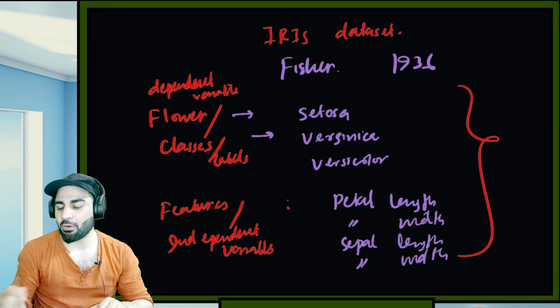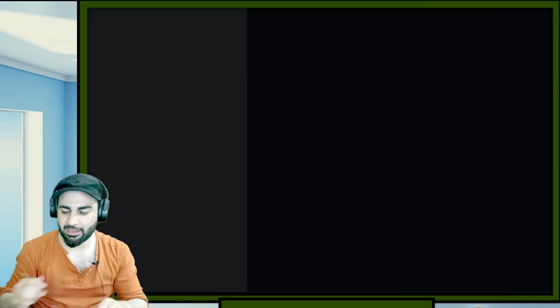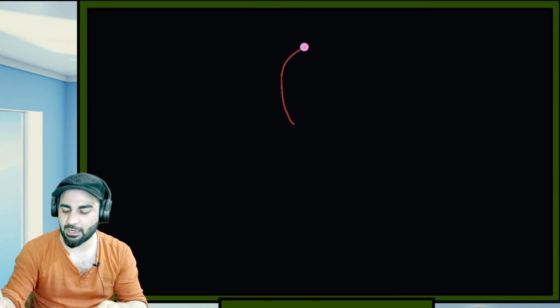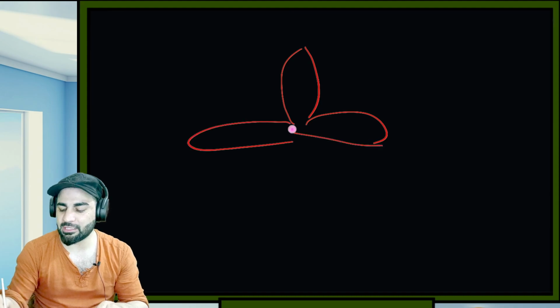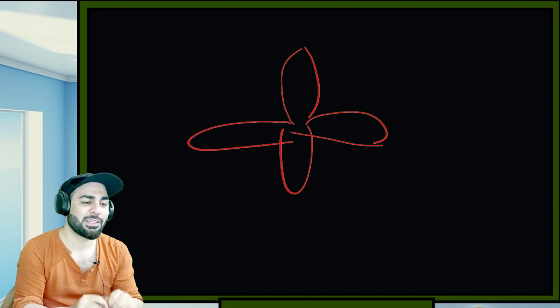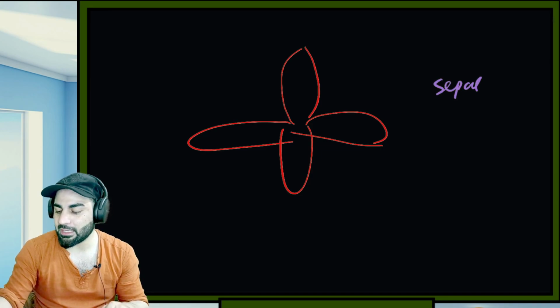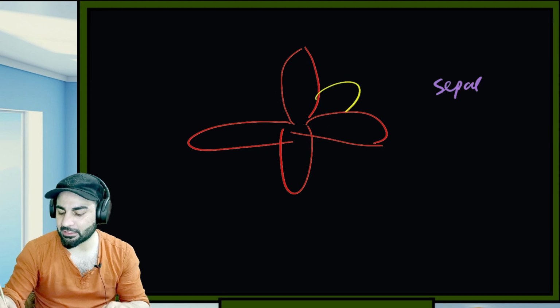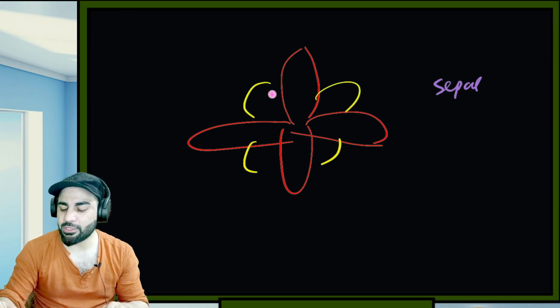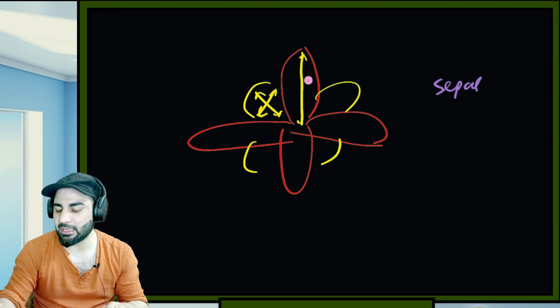So what is a petal and what is a sepal? I'll show you a flower. Flowers are something like this. There are these 2 types of, I'll call them leaves. There is one bigger leaf which is called the sepal, and there is a petal, something like this. If you see, this is the width and this is the length. Similarly, this is the length and this is the width.